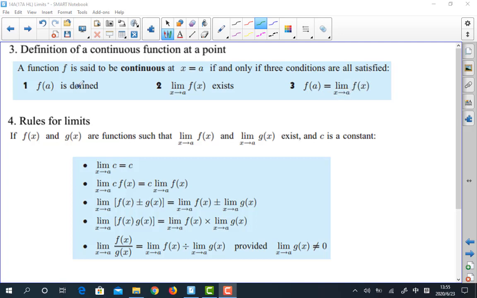You can look at the above conditions to check continuity at an x value. Any point which has continuity meets those three definitions.